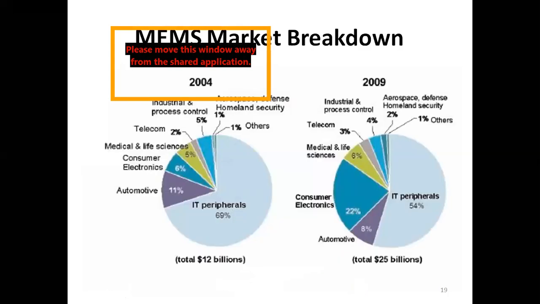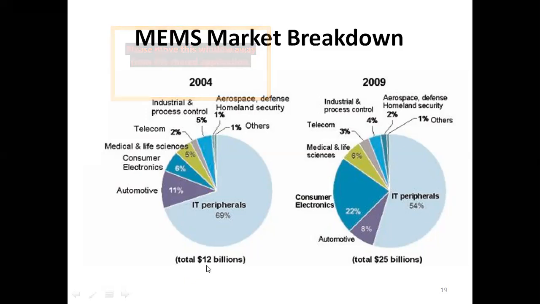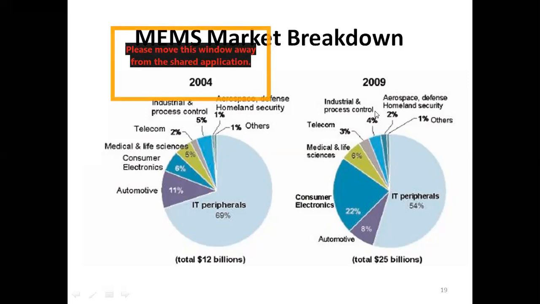This is the comparison of the MEMS market. This is the pie chart for 2004, and this is the pie chart for 2009. The total market is $12 billion in 2004, whereas it grows up to $25 billion in 2009.